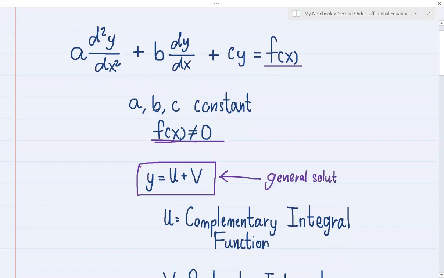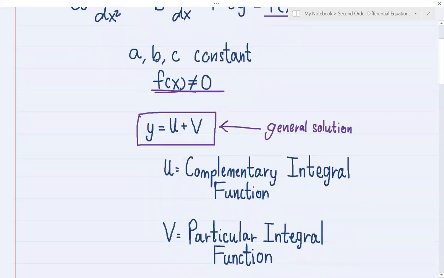There you go. General solution. Okay, we have u and v. Your u is a complementary integral function, and your v is the particular integral function.